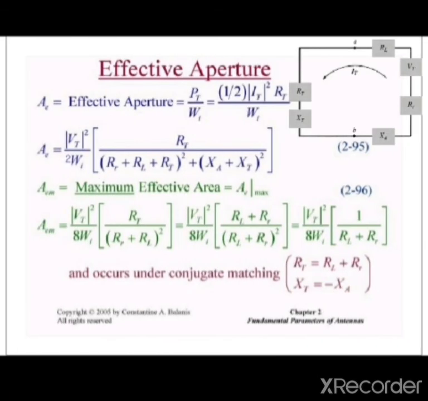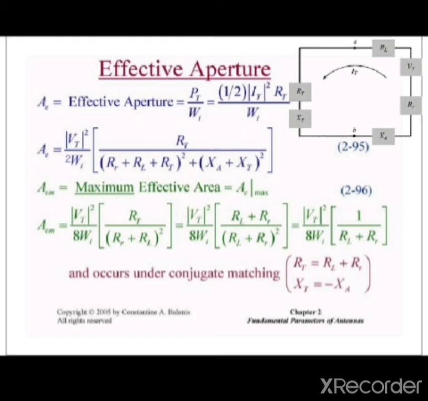Now the effective aperture is PT by Wi, as we already know, where PT is half into IT square into RT. So A is equal to VT square by 2 Wi into RT by the total resistance, (RR plus RL plus RT) whole square plus (XA plus XT) whole square.